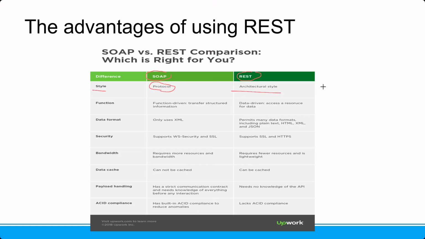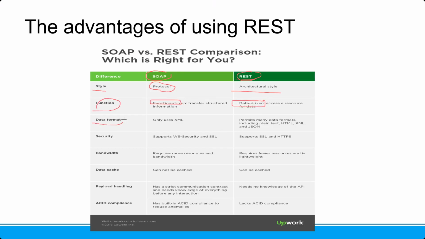So the architectural style is more like JSON format. The function in SOAP is more function driven, or you need to make a class. You need to make functions like in Python. But for the REST API, it is mostly data driven. So it is based on the data.